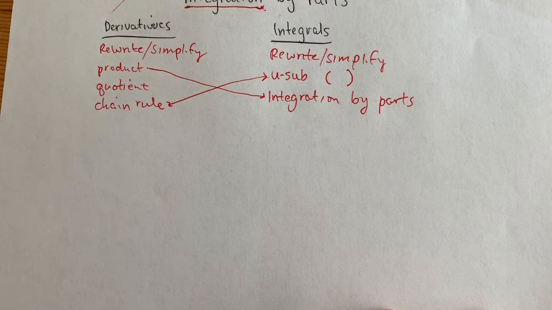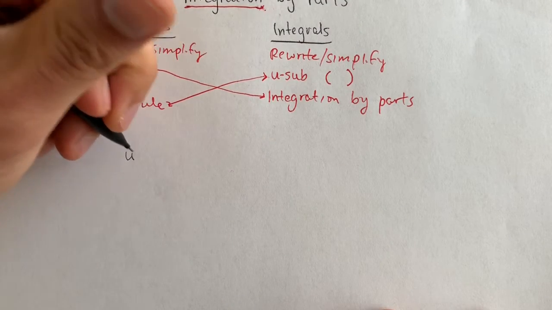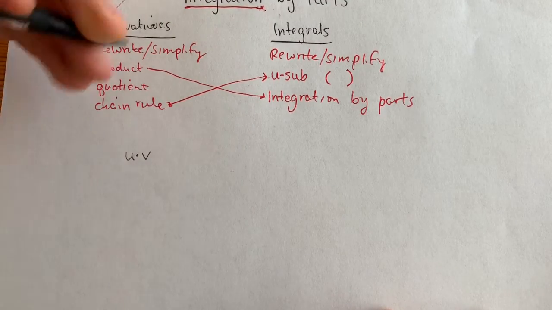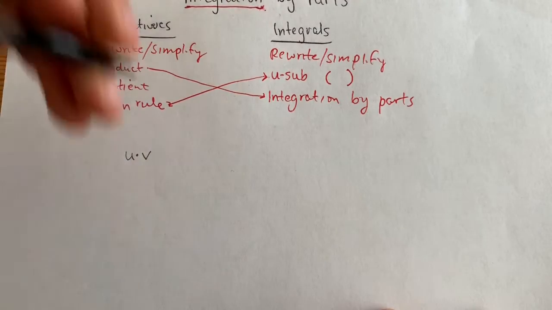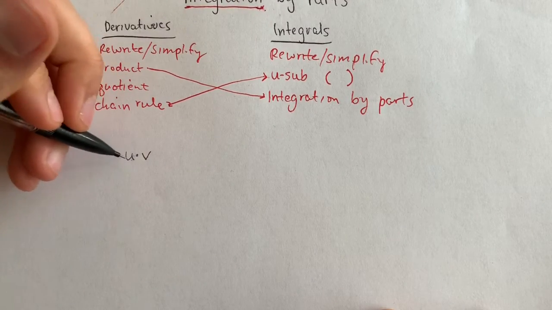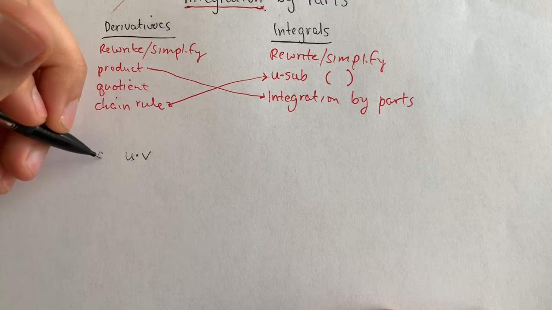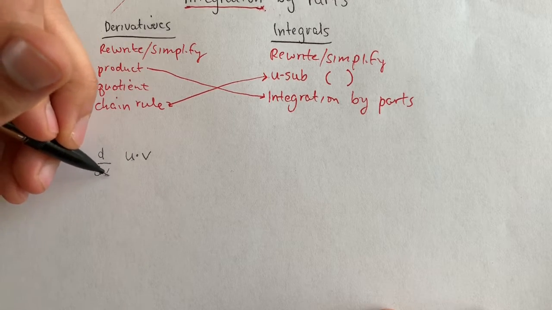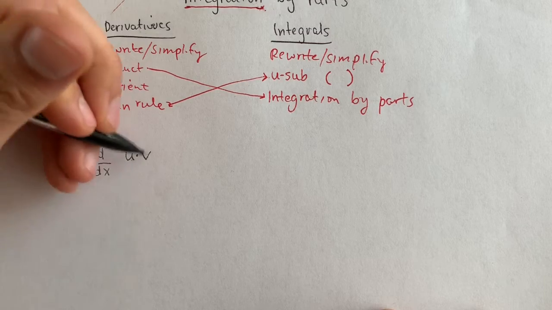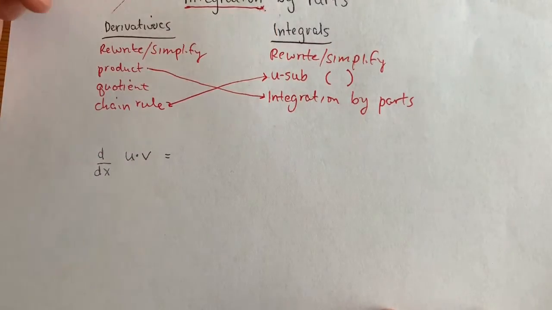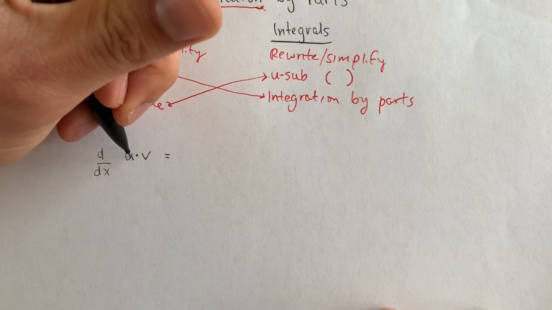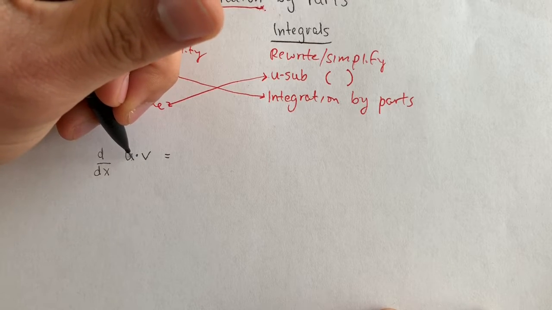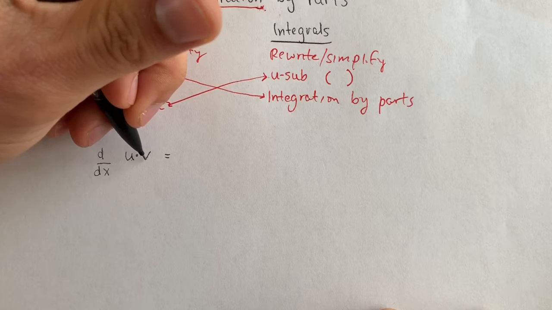So the idea here is, let's start with the product rule, since that gives us integration by parts. Let's say the product is between u times v of the two parts. If I put a d over dx here, that means I'm going to take the derivative of this. The derivative would be: keep the u, but derive the v.